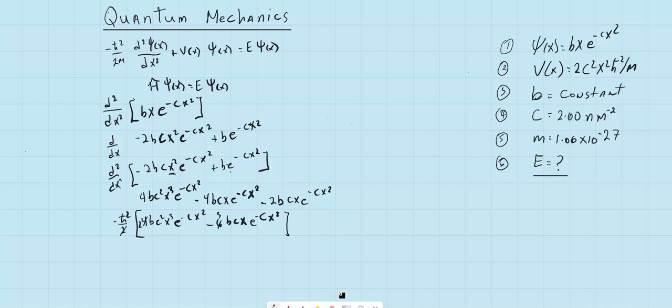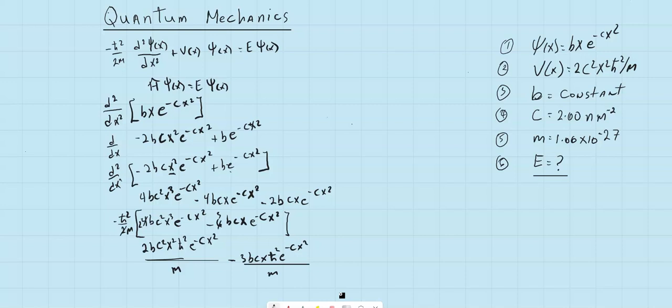So this is going to be 2 b c squared x cubed h bar squared e to the negative c x squared over m, and this is going to be minus 3 b c x h bar squared times e to the negative c x squared, also over m.